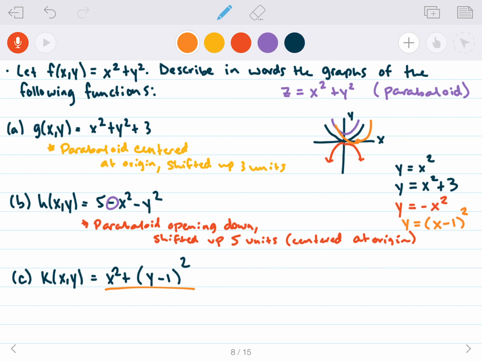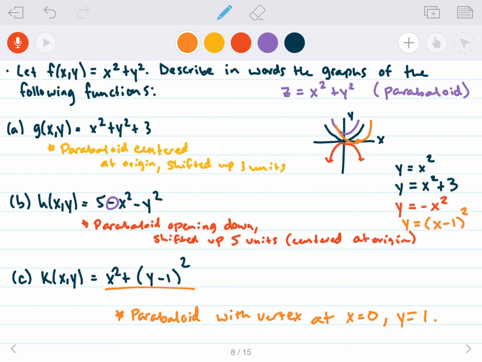We're just shifting to the right in the y direction 1 unit. So an easier way of saying this is that the vertex is shifted in the y direction. So this is a paraboloid with vertex at x equals 0 and y equals 1.